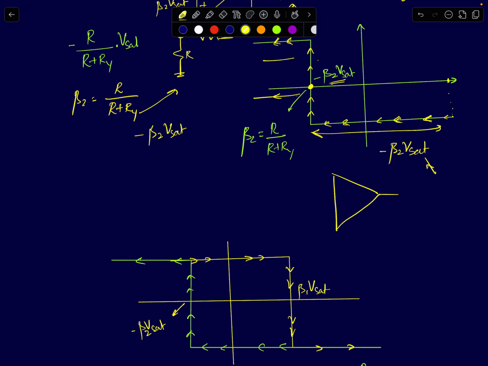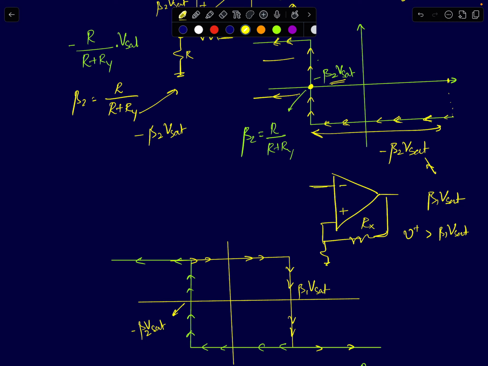The instant your output transitions to plus Vsat, the feedback voltage will now be plus beta 1 Vsat. Okay, it will become positive. So your V plus will become positive, which will be plus beta 1 times Vsat. So your resistor Rx will be now turned on. That's the path that will be turned on, and Ry path will be cut off.